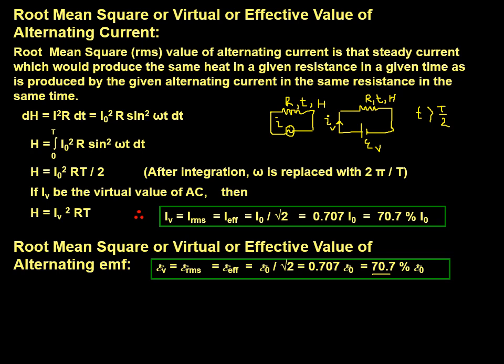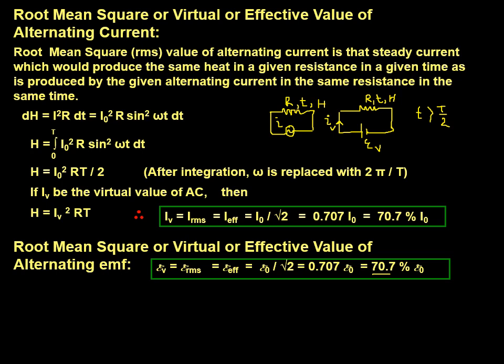Actually it is more convenient to find this, because when the current changes direction, the heat produced has no change, because the current is squared, so the negative one will be converted into a positive value. Because of that, it gives us a more authentic value.